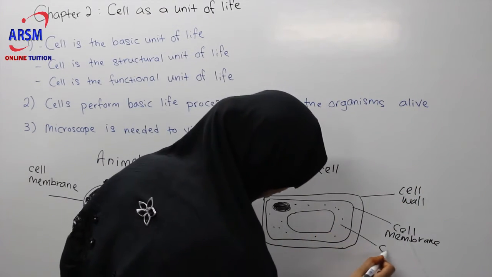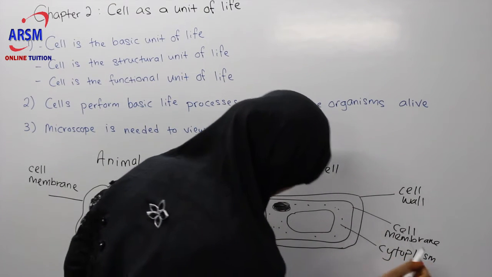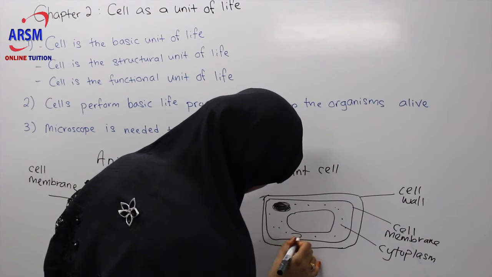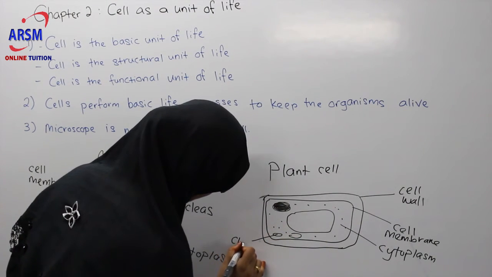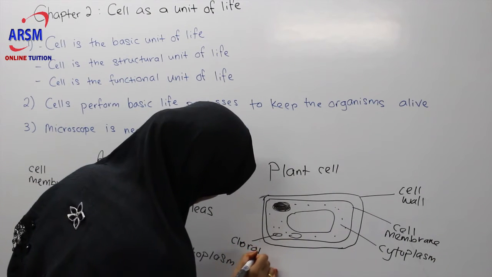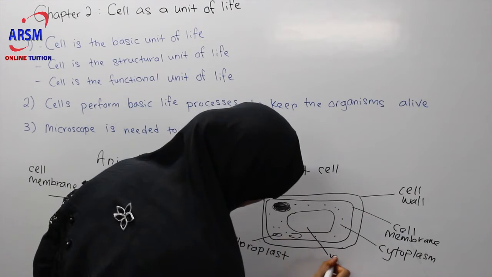This is the cytoplasm. In between here we have chloroplasts, and these are vacuoles.